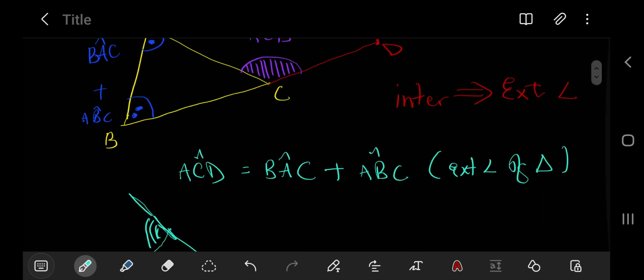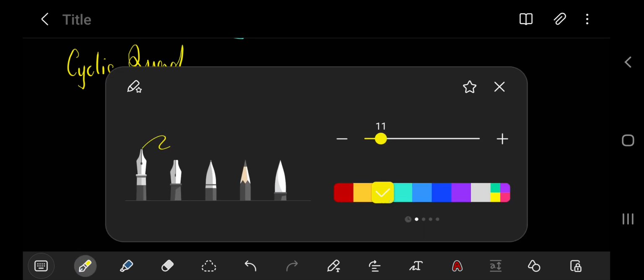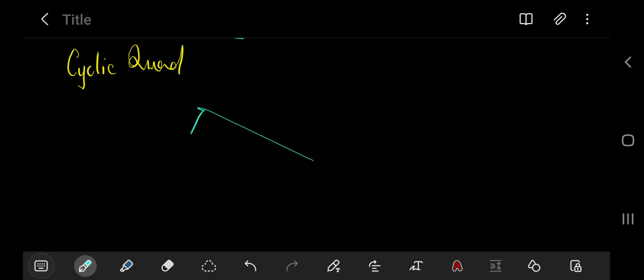Okay, so now for the second one, I want us to check a line which is produced from a cyclic quad, right? So let's say we have a cyclic quad like that one. So that is A, B, C, D, right?